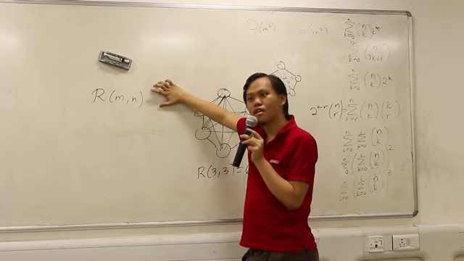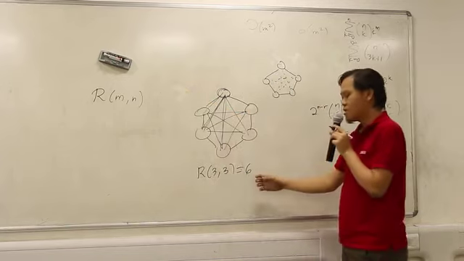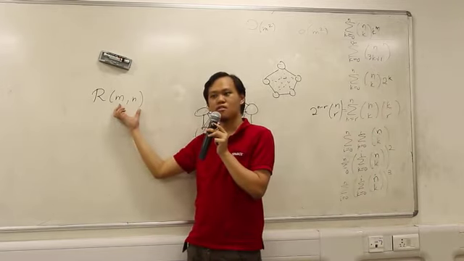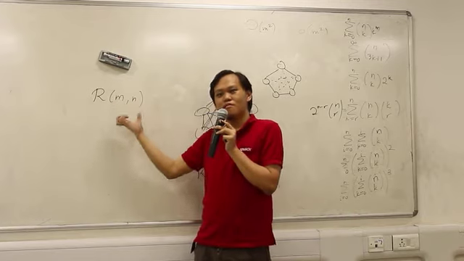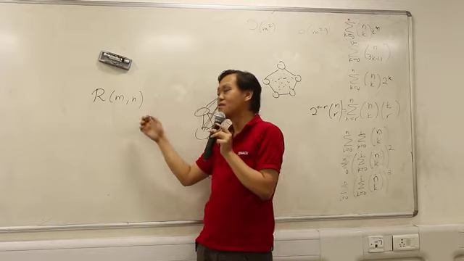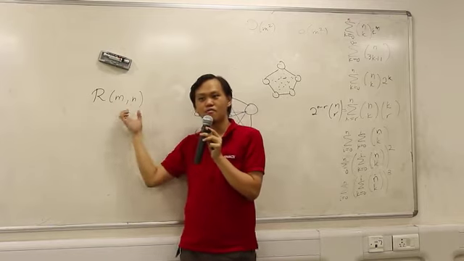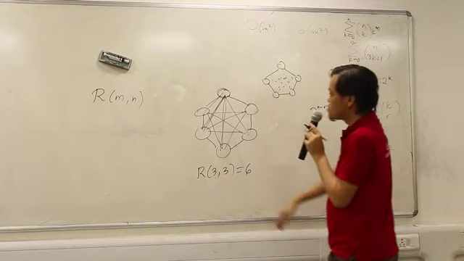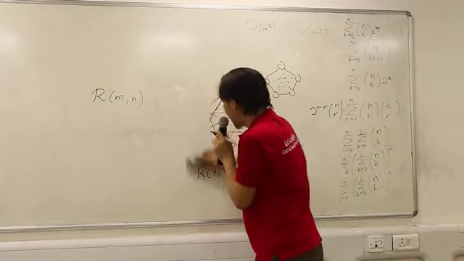Because it's not clear why. In this case, it looks like it's finite, but maybe if you are trying to look for large cliques, maybe for every sufficiently large graph, you can still find a coloring which does not contain either of those cliques. Okay? So how do we do that?